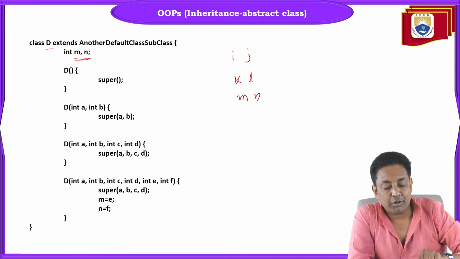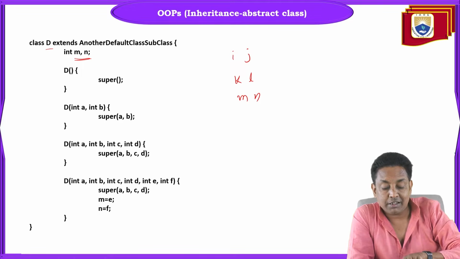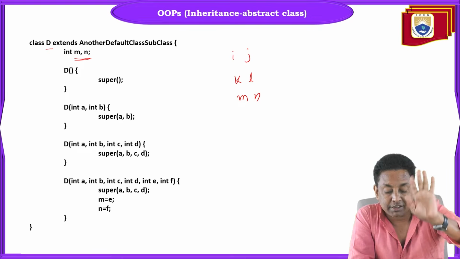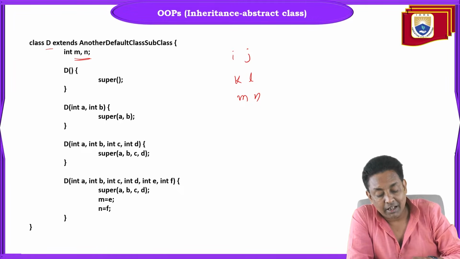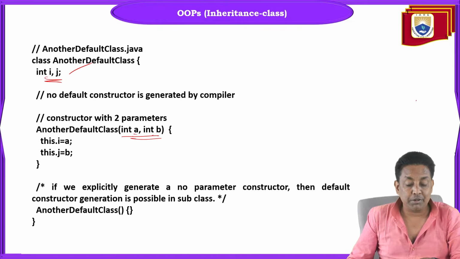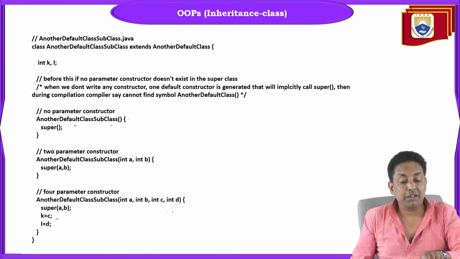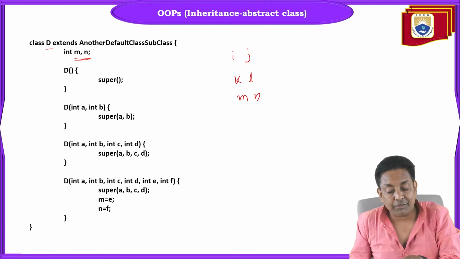Suppose a 4-parameter constructor is written in class D, then 4 parameters will be passed to the superclass constructor so that this AB will go and initialize ij and CD will go and initialize kl. And in this class, if a 6-parameter constructor is written, A, B, C, D, E, F will go to the superclass constructor. From here, two parameters will go to superclass instance variable initialization, and two will initialize the other default class's variables.